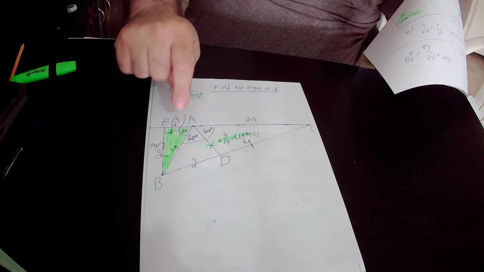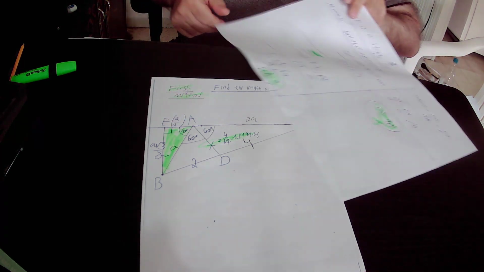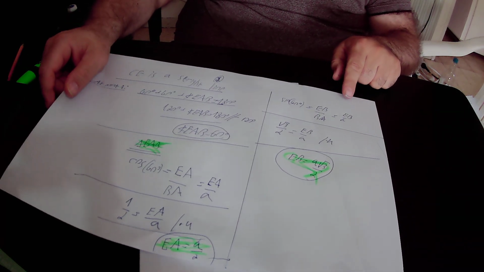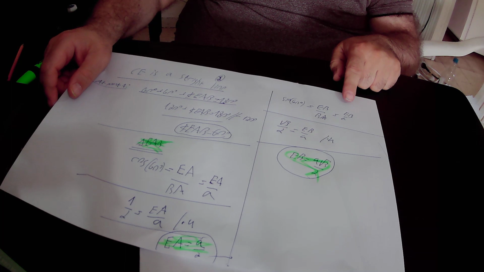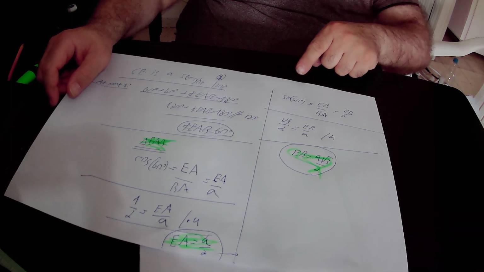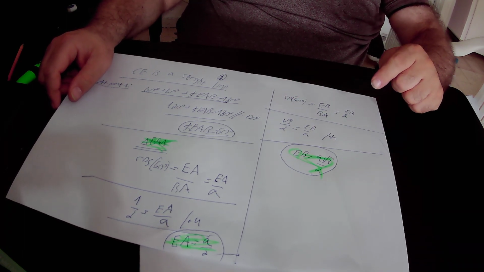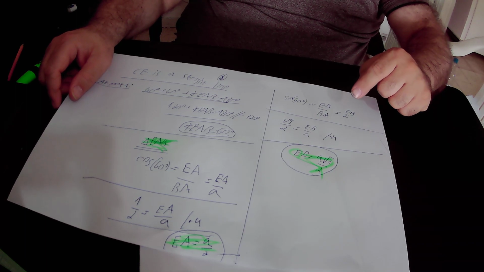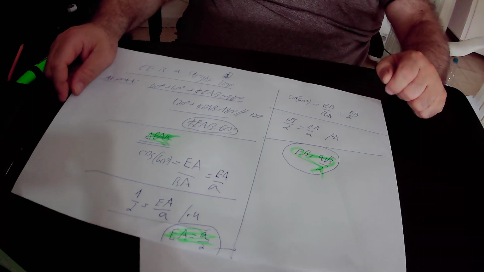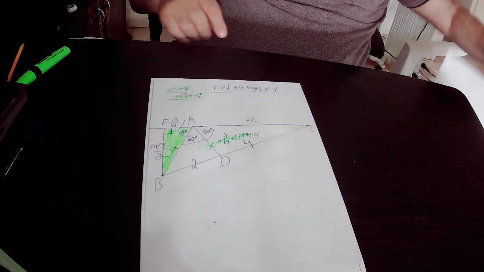Sine 60 degrees equals EB over BA, but BA equals A, so we substitute BA by A. Sine 60 degrees is equal to square root of 3 over 2, so in conclusion, square root of 3 over 2 equals BE over A. We multiplied this equation by A and found out that EB equals A times square root of 3 over 2.